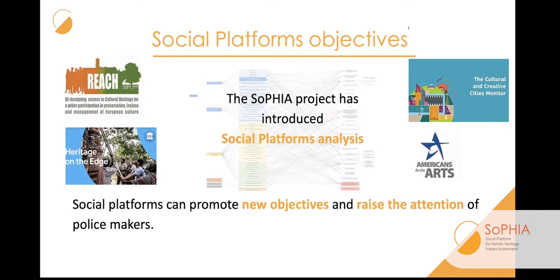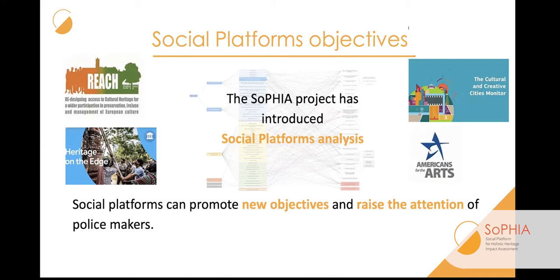We chose REACH, which is a Horizon 2020 social platform on cultural heritage for wider participation, but you can also have the Cultural and Creative Cities Monitor, which is a more technical platform, and it's important for cities and urban planners, to have monitoring and debates on how to evaluate the impact assessment of cultural heritage interventions. I think there are also other social platforms.